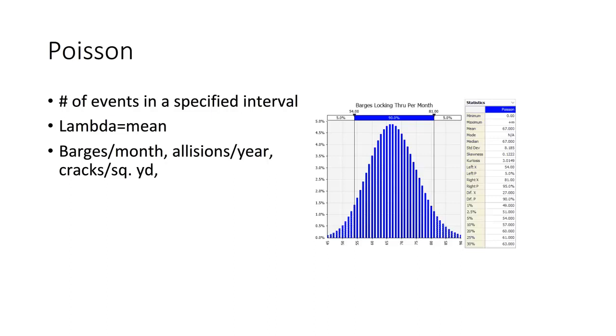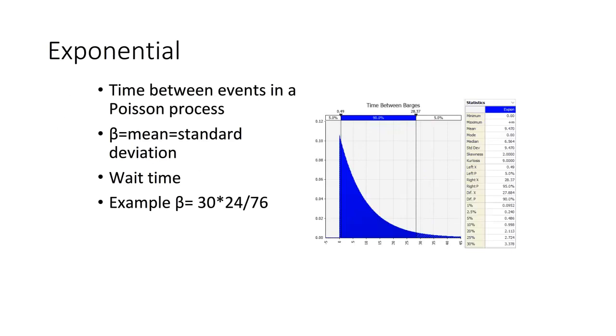It's the average of some countable thing per something. So the specified interval can be time, it can be space, it can be the average number of cracked eggs in a dozen eggs. It can be anything that you imagine that is the number of events in a specified interval. It comes up a lot in navigation. For example, it could be the number of barges per tow, the number of tows per month, the number of vessels per day, and all of those kinds of things that you encounter in navigation analysis.